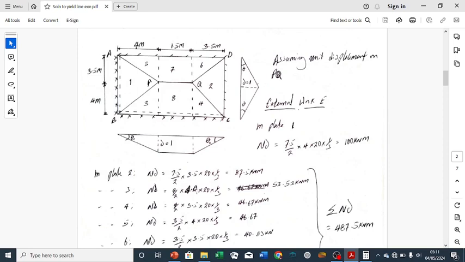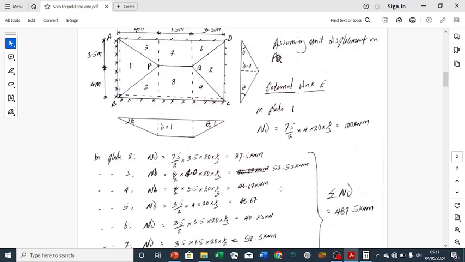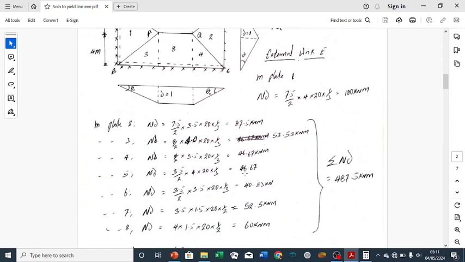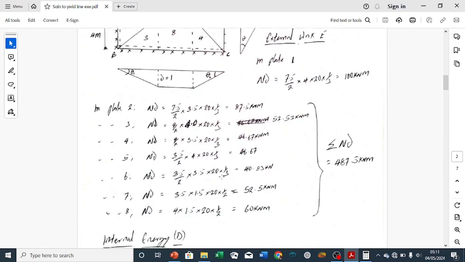You have here our UDL is 20, and because this is a triangle, our delta is 1 over 3. So that gives us 53.33. So if we go ahead and calculate for plate 4, follow the same pattern, calculate for plate 5, we had this 46.67. For plate 6, we have this 40.83.